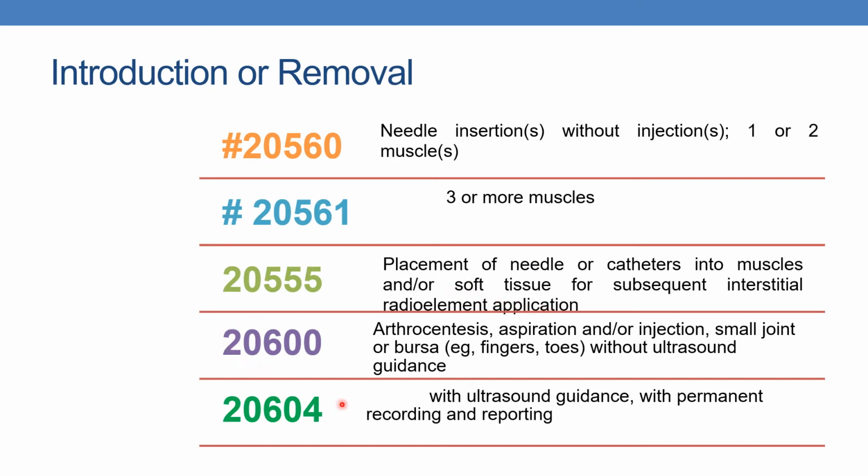Next CPT is 20600, arthrocentesis, aspiration or injection, small joint or bursa, for example, fingers and toes, without ultrasound guidance. The next is 20604, arthrocentesis, aspiration or injection, small joint or bursa, with ultrasound guidance, with permanent recording and reporting.